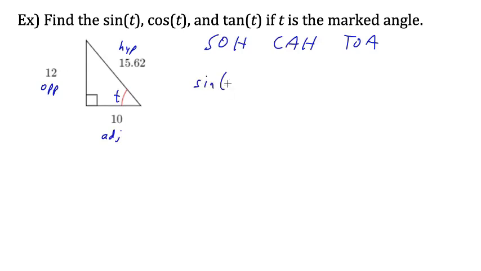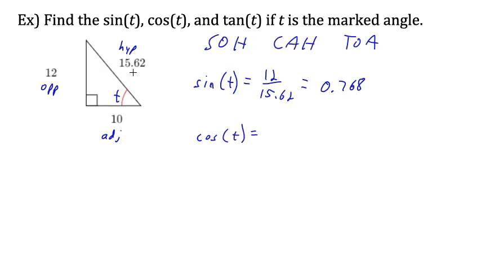Okay, so the sine of angle t equals opposite over hypotenuse. So that's 12 over 15.62. And when we divide that, we get 0.768. All right, the cosine of angle t equals adjacent over hypotenuse.